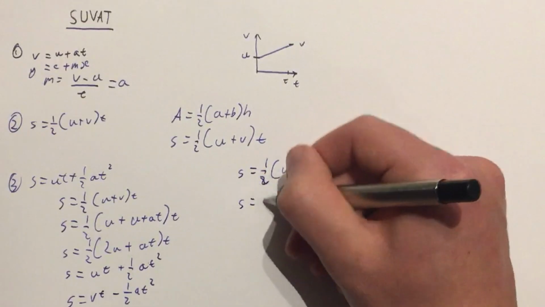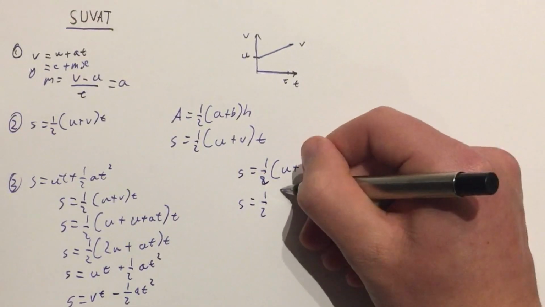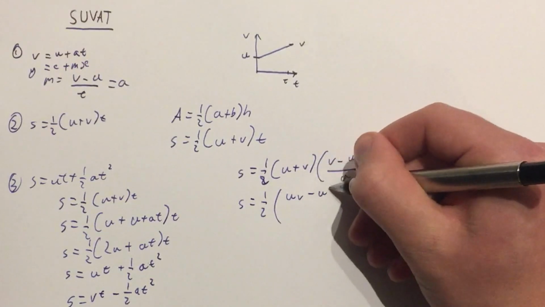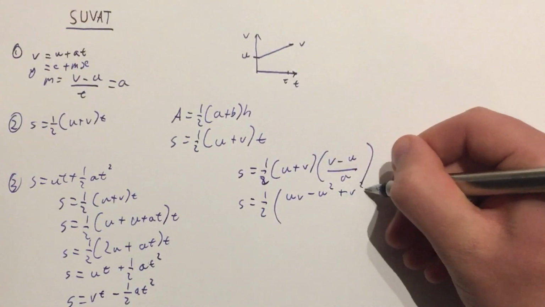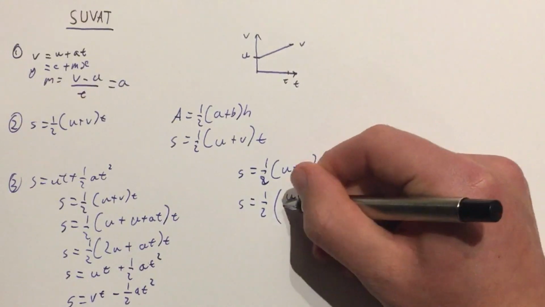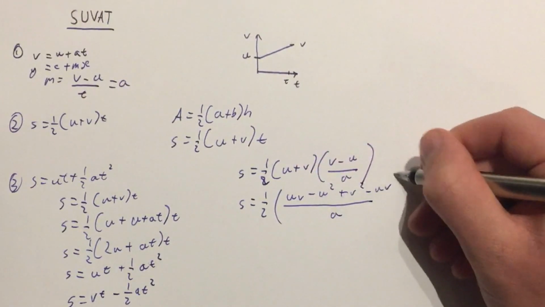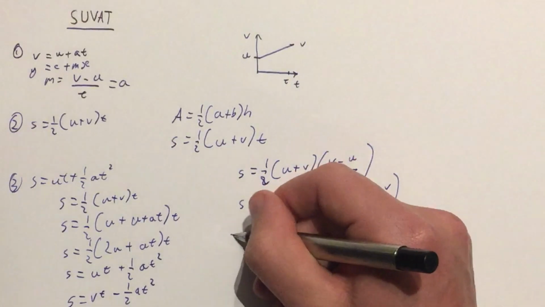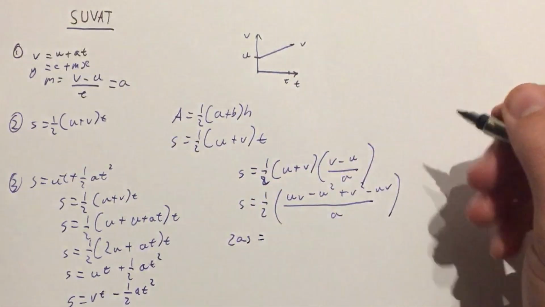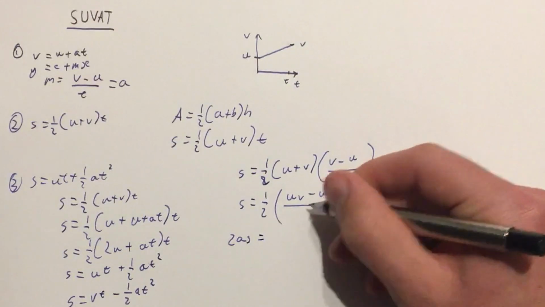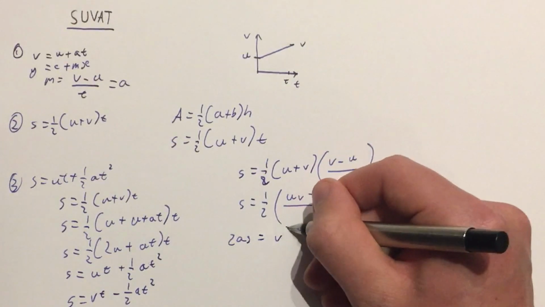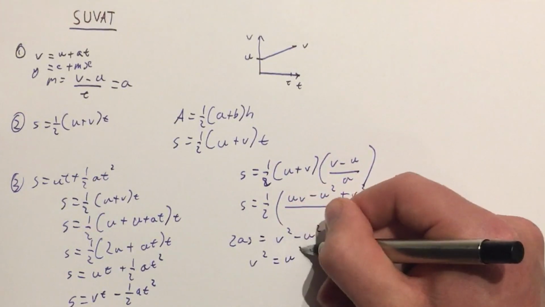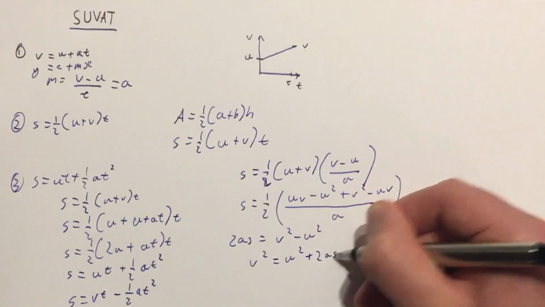Get s equals a half, v squared minus u squared over a, so we get 2as is equal to, those two cancel, so you get v squared minus u squared, so v squared is equal to u squared plus 2as.